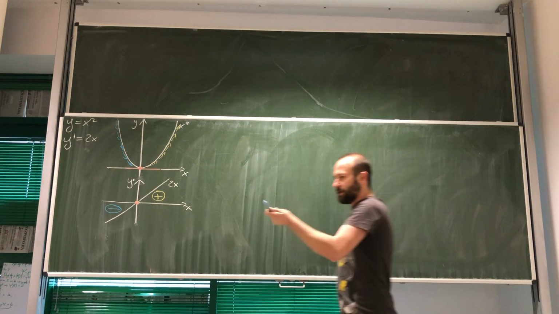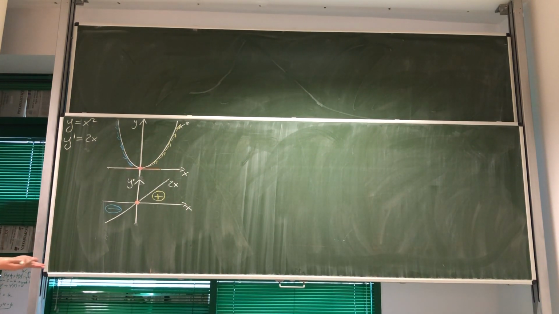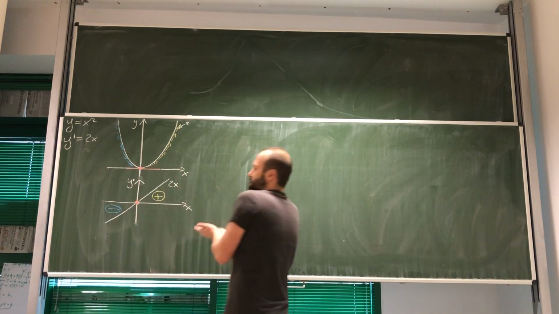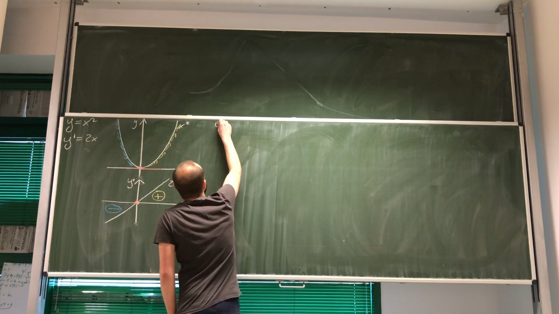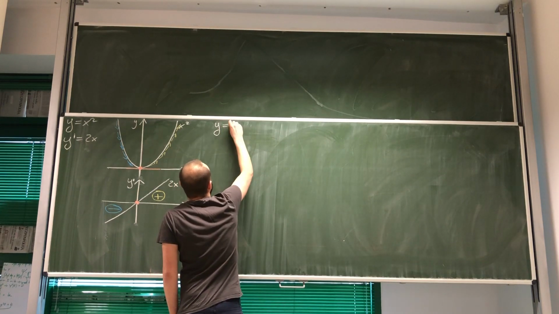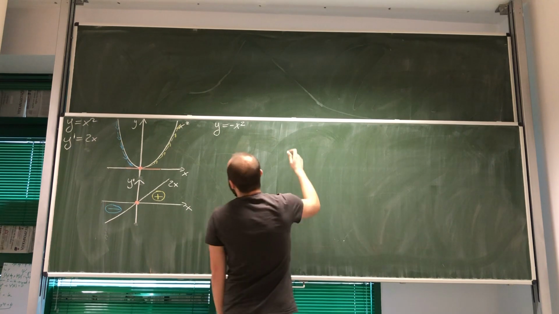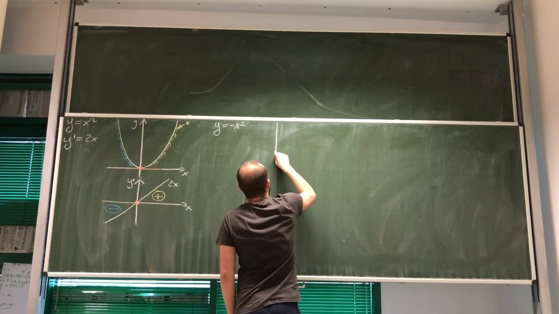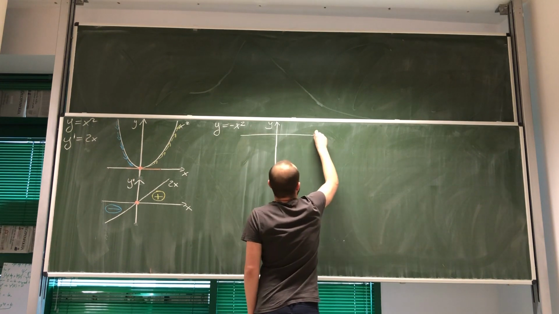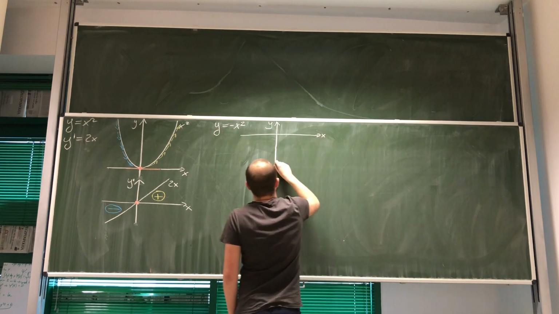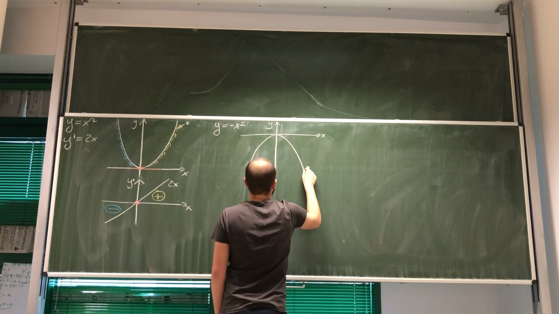Okay, so now let's consider the case of the simplest possible maximum. I believe that the simplest possible maximum would be y equals negative x squared. Again, we know exactly how this function looks, and it looks like this.